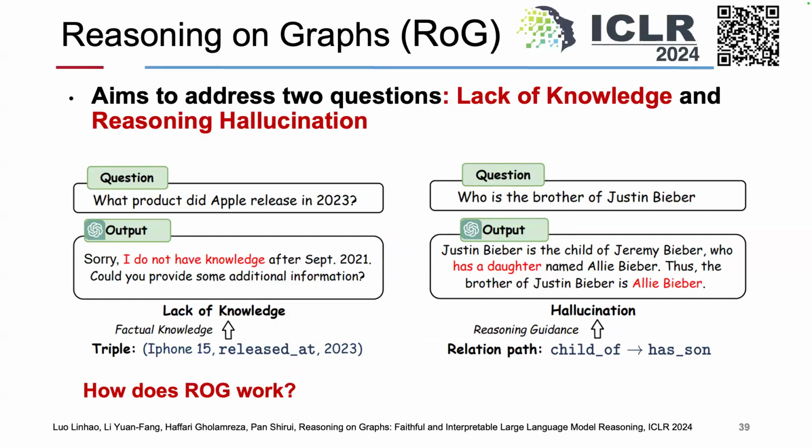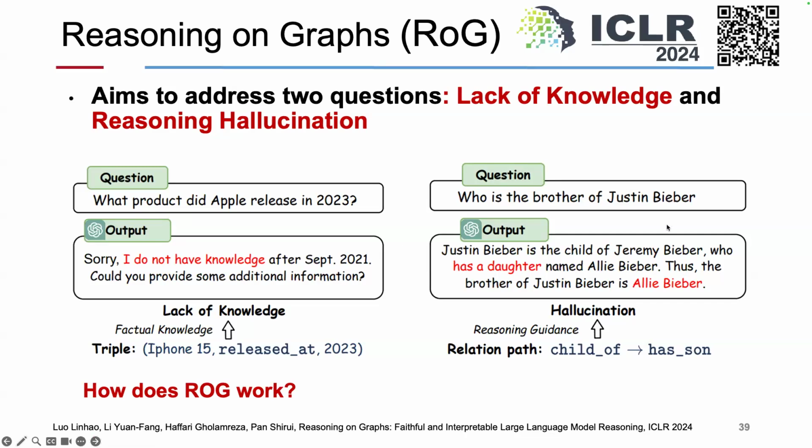Like the example we have shown, sometimes the LLM might be insufficient to access the latest knowledge, like what is the current price of Apple, or what is the current tariff rate between China and the US. This kind of information usually is not stored in the LLM itself.